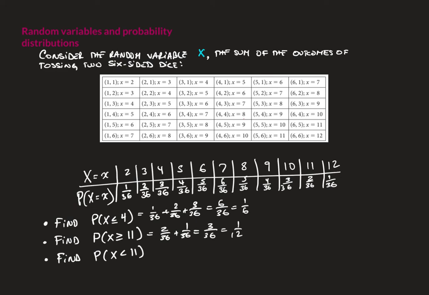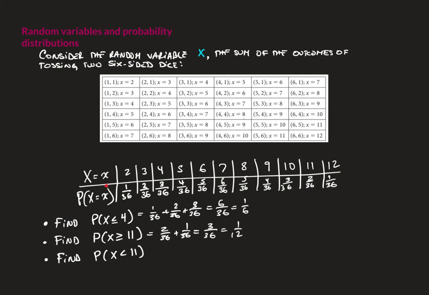One more example of that would be to find the probability that x is less than 11. In this case, we don't have an equality, so all the results are going to include from 2 to 10 only. We can add all the probabilities from 2 to 10, but you should try to find an easier and quicker way to do this.